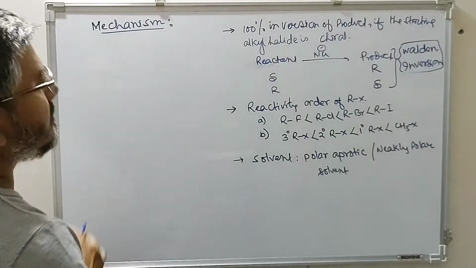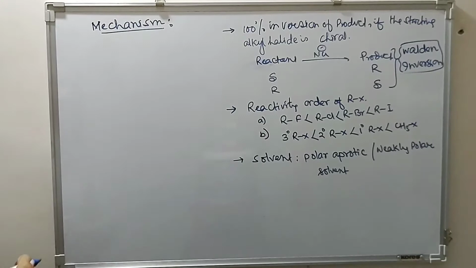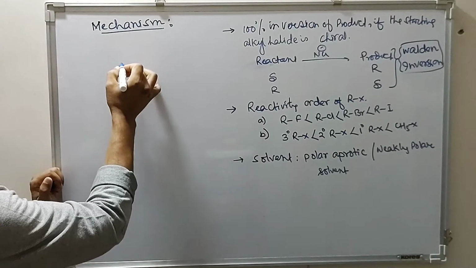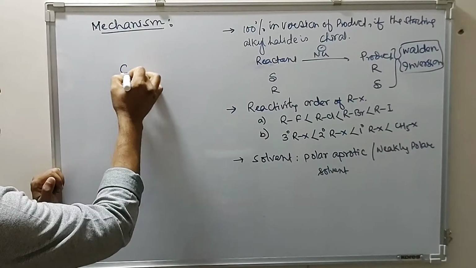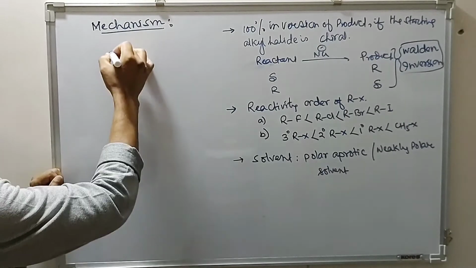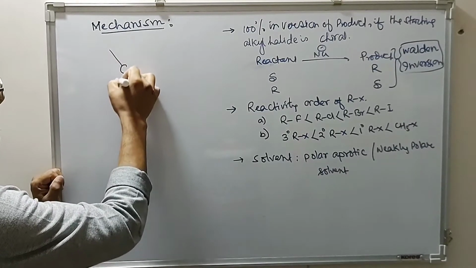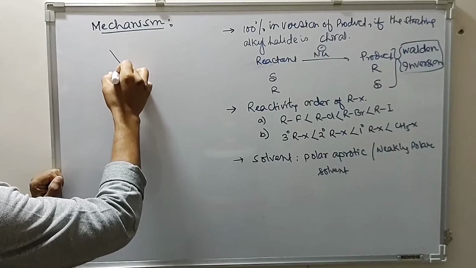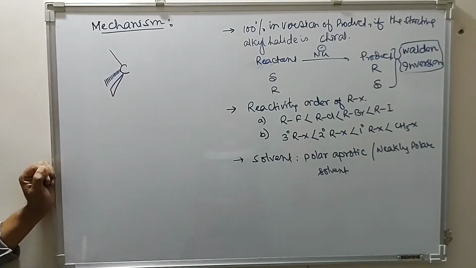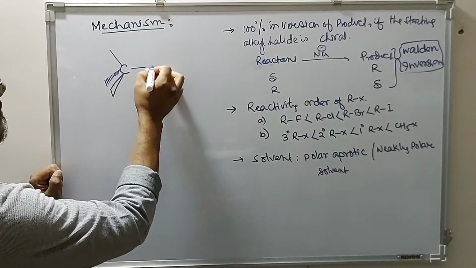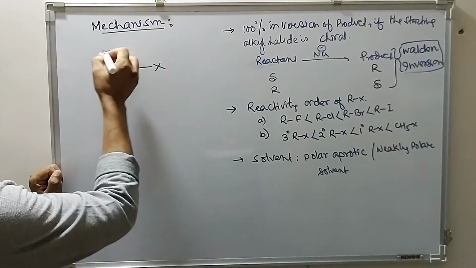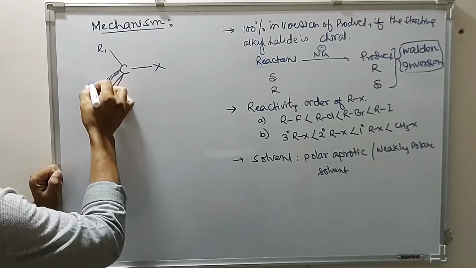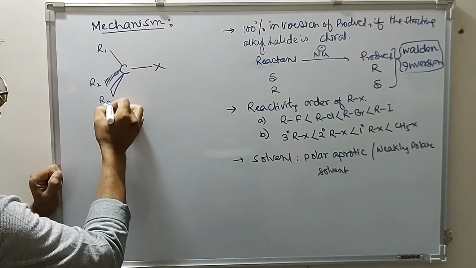Mechanism of SN2 reaction. We have alkyl halide. Look at this. This carbon is attached to 4 different groups. So we are using a carbon which is attached to 4 different groups. This is the leaving group, halogen. So we have R1, R2, R3.